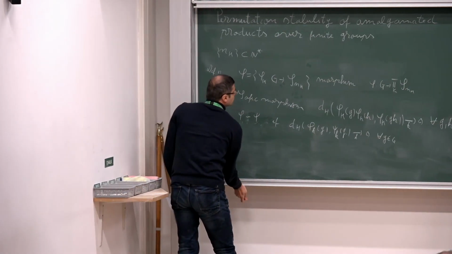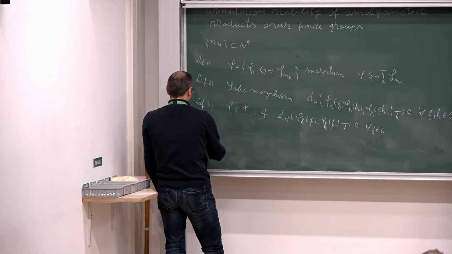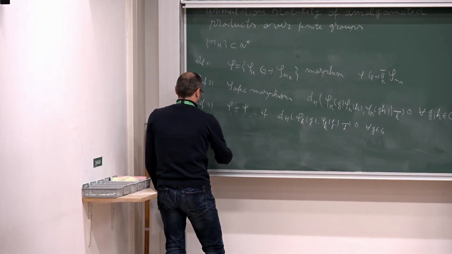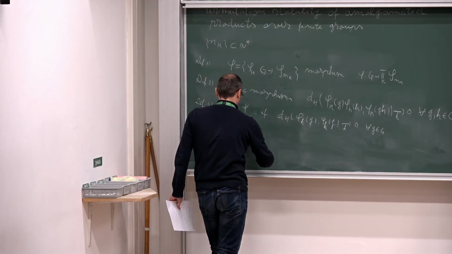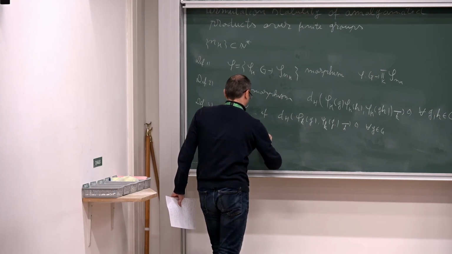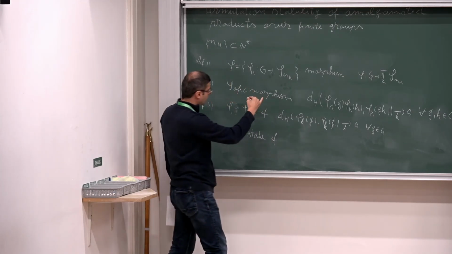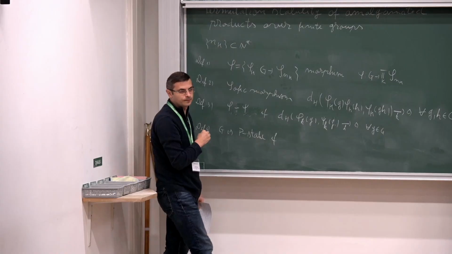Okay, and the definition that we saw today, so G is stable in permutation, or P stable, if any sophic morphism is equivalent to a morphism.